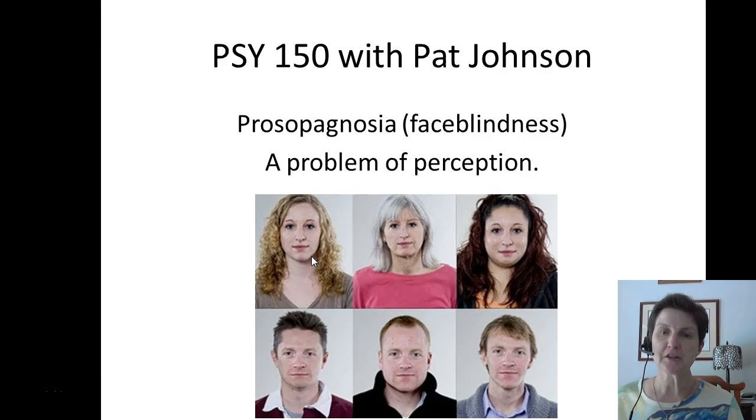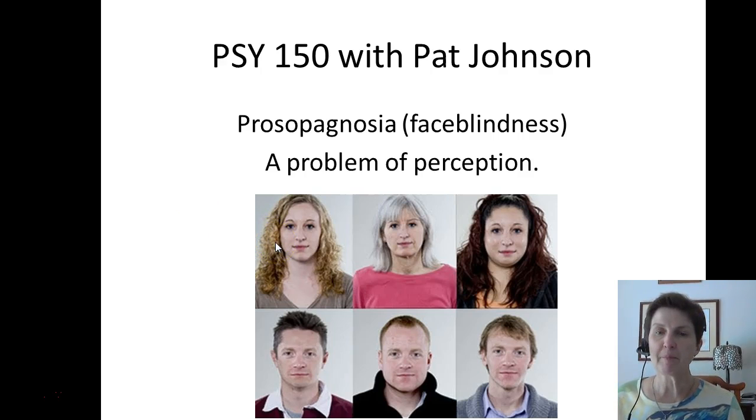So I use things like hair color, facial scars, height, sound of voice, race, hair texture, all of those things, but what my brain cannot distinguish is one face from another.